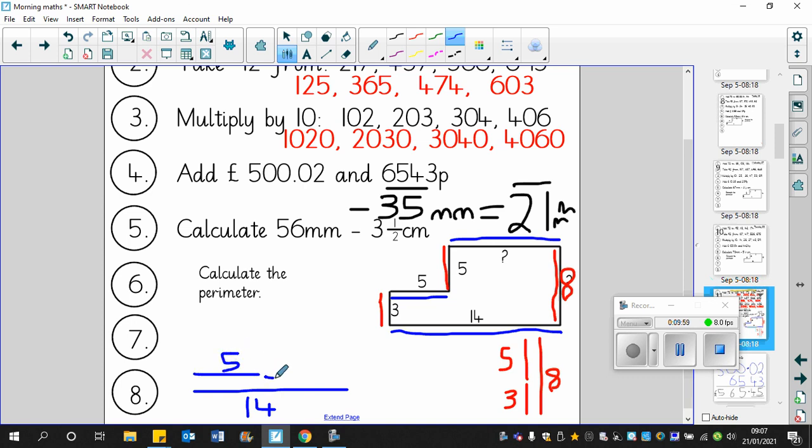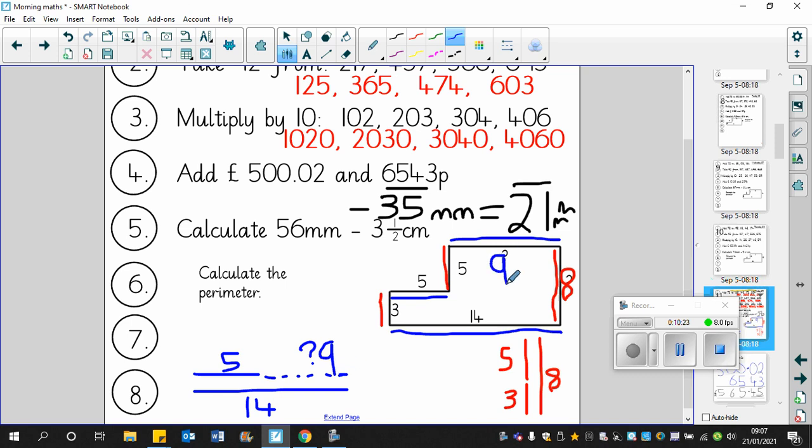And then we've got the unknown one, which I shall do as a dotted line, and this is the question mark. So the calculation becomes 5 plus something equals 14. And hopefully you will be able to tell me that the something equals 9. So put the 9 in here.